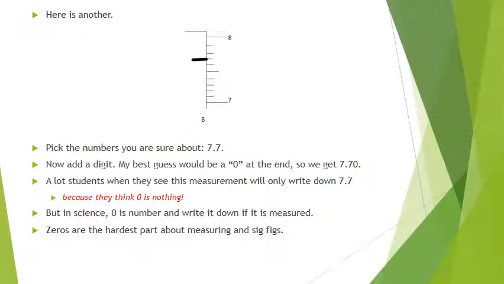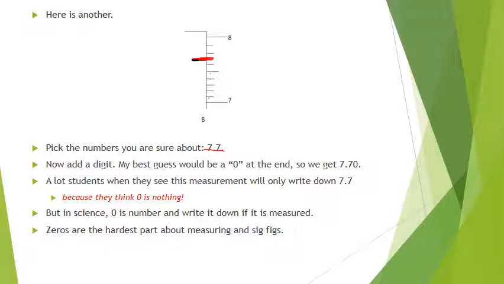Okay, here's another example. Same scale. So here's my measurement right here. I want to come up with it. So it's 7.1, 2, 3, 4, 5, 6, 7. So it's 7.7. Sure about that. Now, if you notice, it lies right solid, right on the 7.